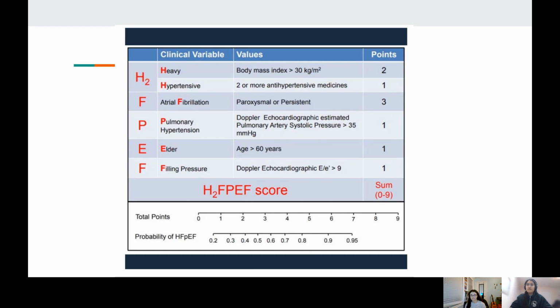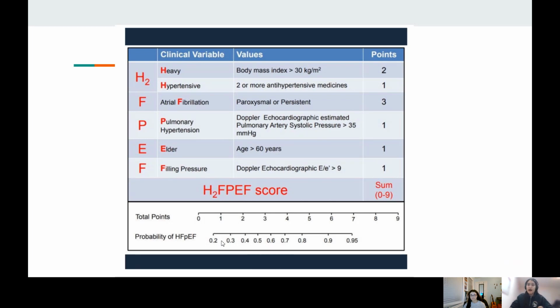So if you notice, all of these factors from the acronym are actually factors that increase the chance of a positive diagnostic test for heart failure with a preserved ejection fraction. And if we add up the points, you can see that the HFpEF score can be between 0 and 9. And so if you have 0 or 1, the probability of having a positive diagnostic test is close to 0.